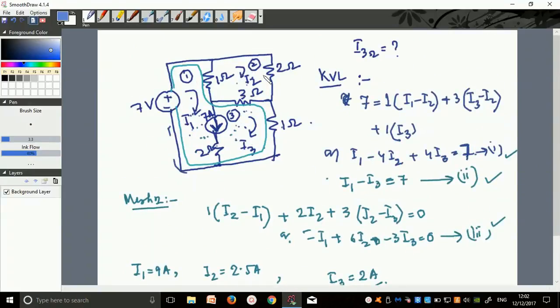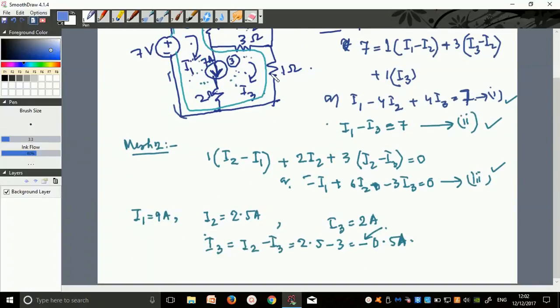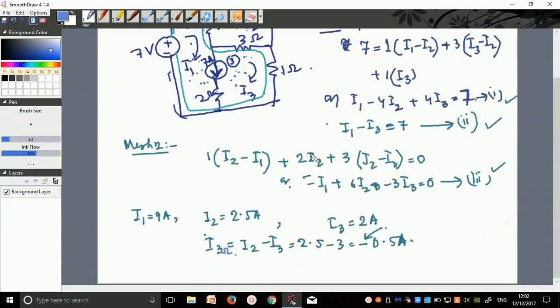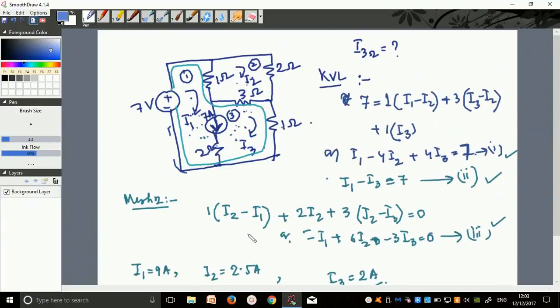I have taken I2 minus I3, so I am taking the direction of I2. Basically, this minus sign suggests that I3 is the higher quantity than I2. So the net resultant current will be flowing due to I3. So how is I3 flowing? From left to right.